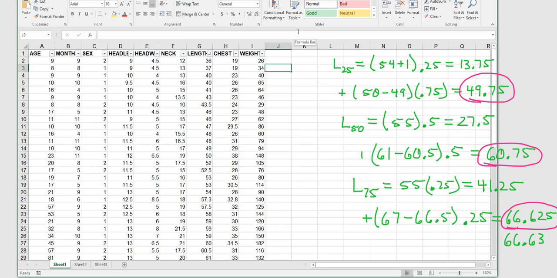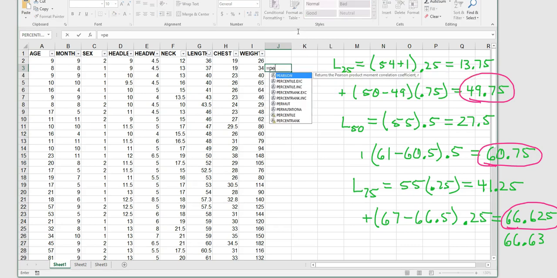Okay, so to evaluate Q1 or the 25th percentile, we can use this Excel function. So watch this. It's called percentile. Now there's two types of percentiles. There's percentile.exc and percentile.inc. We want to use the exc one.